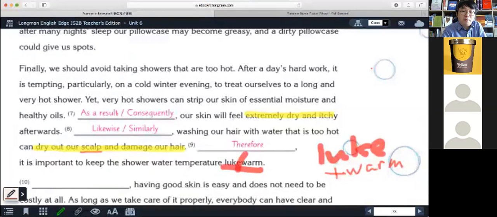So if you believe in Bible, you know what a Bible is? If you believe in Bible, you may have heard of a name called 路加福音.